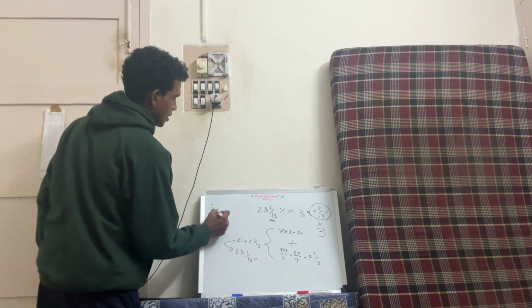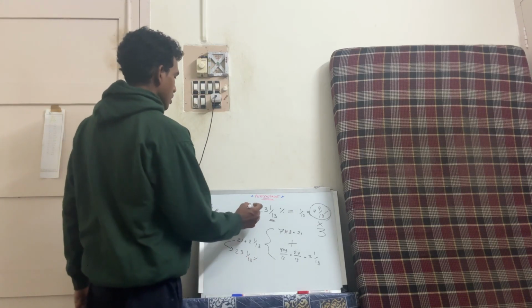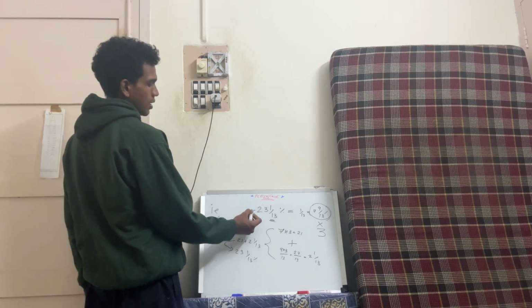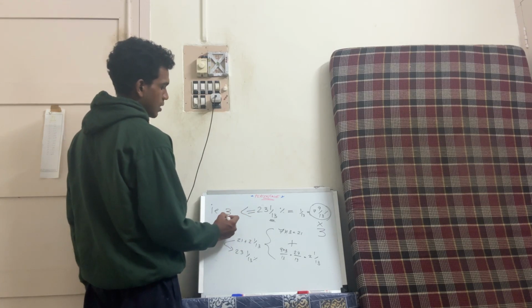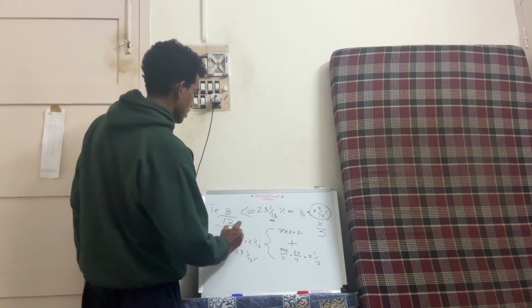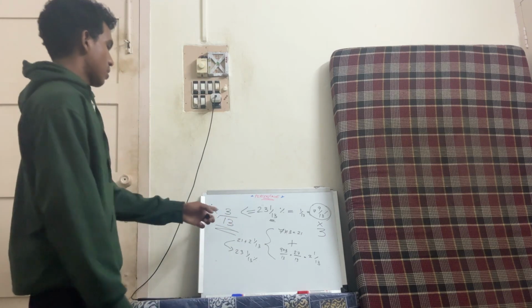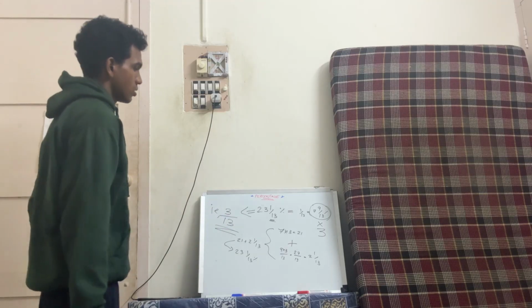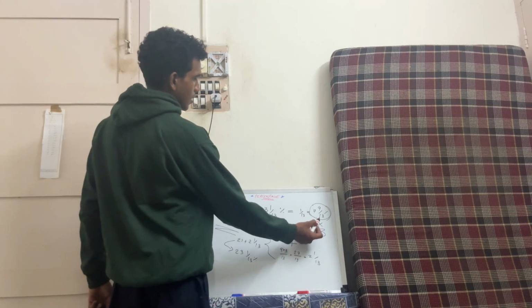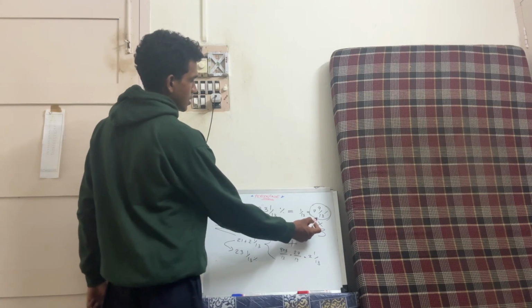That means this 23 1 by 13 is ultimately what? 3 by 13. Why did we write 3 by 13? Because we multiplied this thing with 3. This thing is equal to this thing.